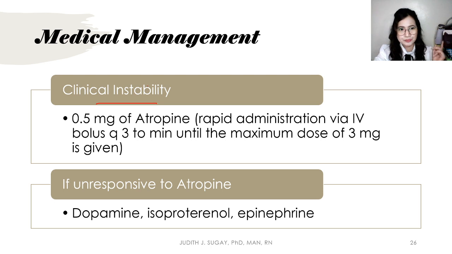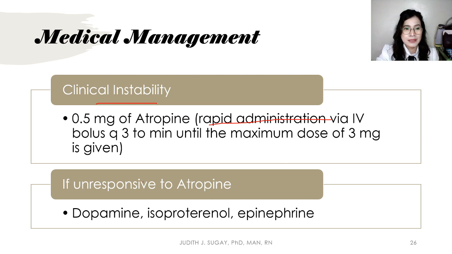So, here, the client or patient is given 0.5 milligrams of atropine, by rapid administration via IV bolus every 3 to 5 minutes until the maximum dose of 3 milligrams is given.